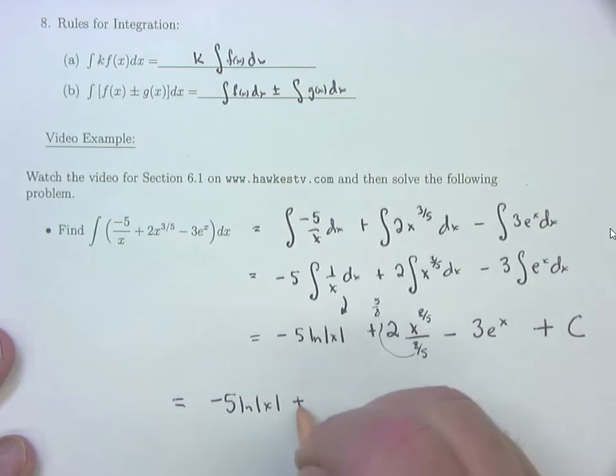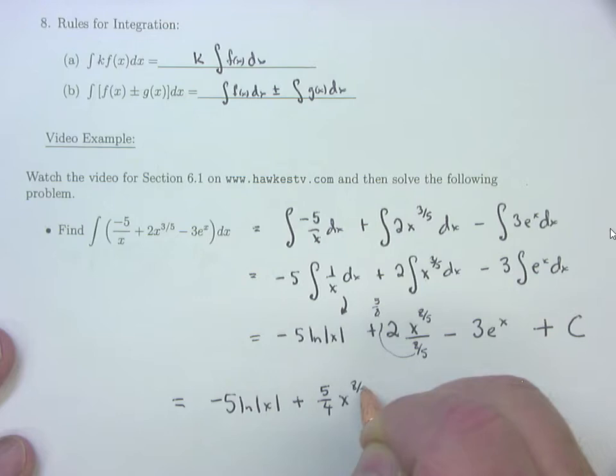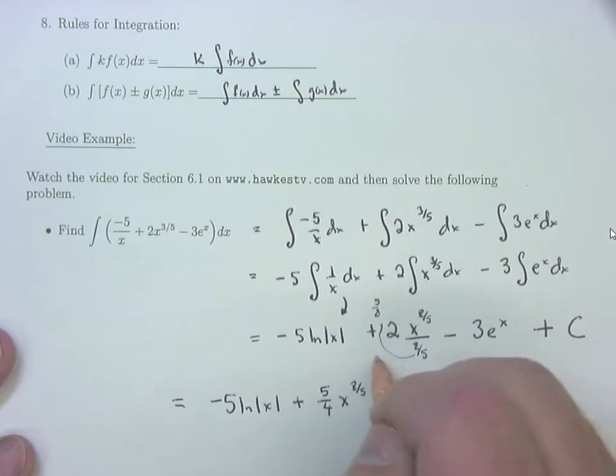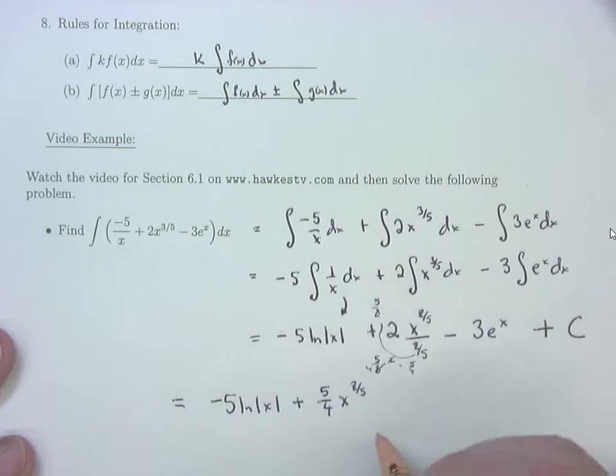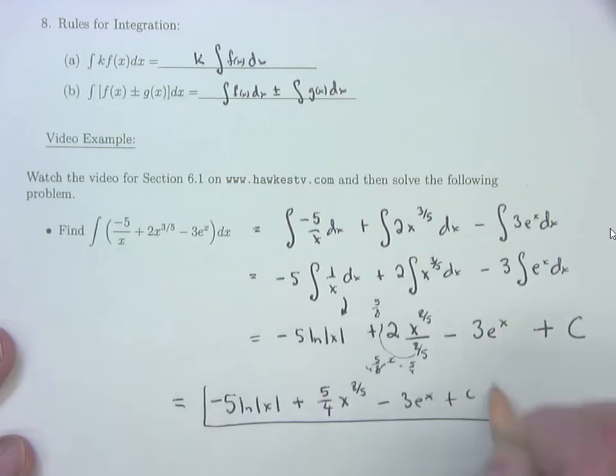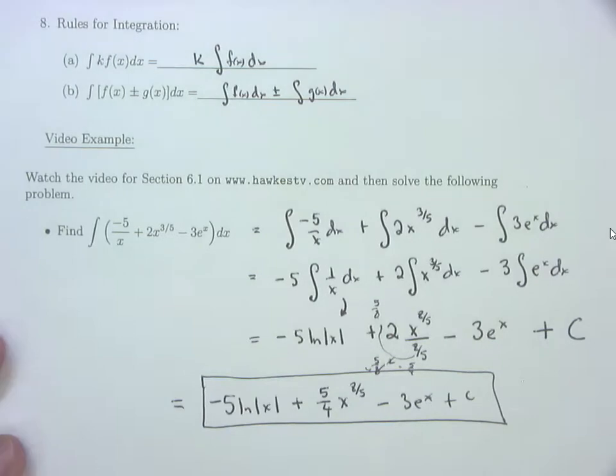You end up getting plus, when you clean it up, 5/4 x to the 8/5. And again, it's 5/8 times 2. 2 goes into 8 4 times. That's where I'm getting the 5/4 out front. Minus 3 e to the x plus c. And that is my solution. Does that make sense?